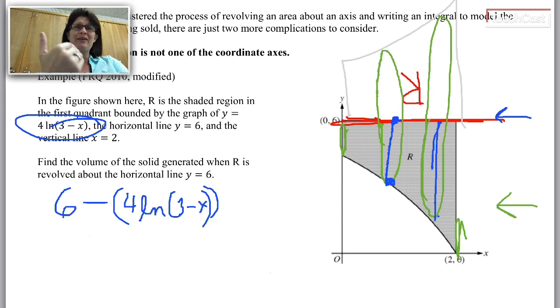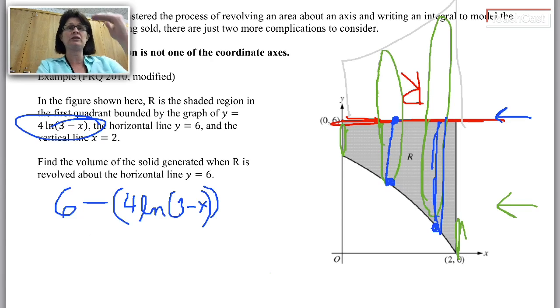The top of my radius is on that red line, and I need the y coordinate. The y coordinate is 6. I'm going to check out the bottom of my blue radius. It hits that curve that we were talking about, 4 natural log of 3 minus x. So that's going to be the bottom, and I'm going to write an expression, top minus bottom, to find the distance of that vertical line segment.